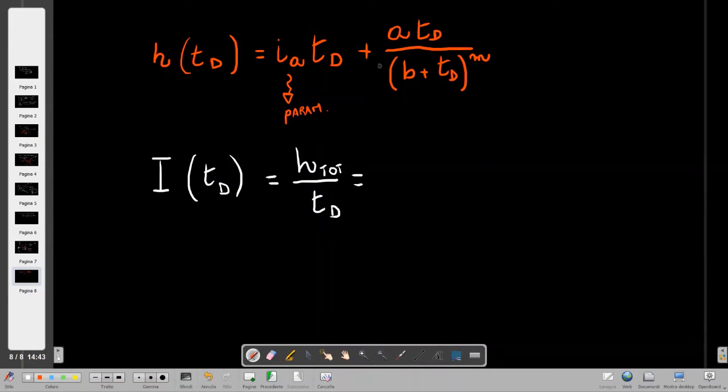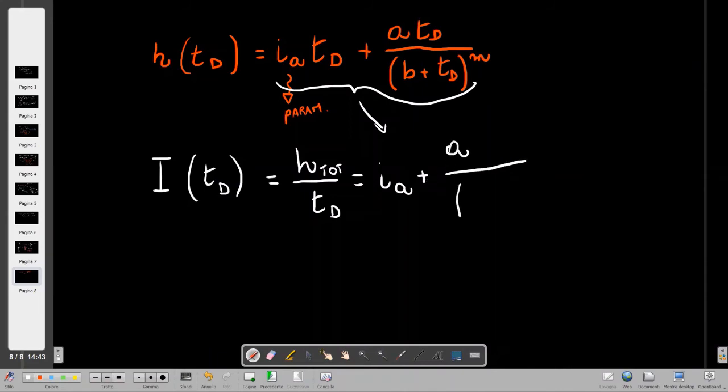So if we use this relationship, we can say that we have I equal to A plus A over B plus T, T power n. So this is a kind of average intensity.